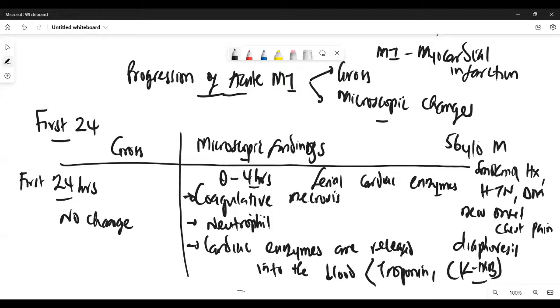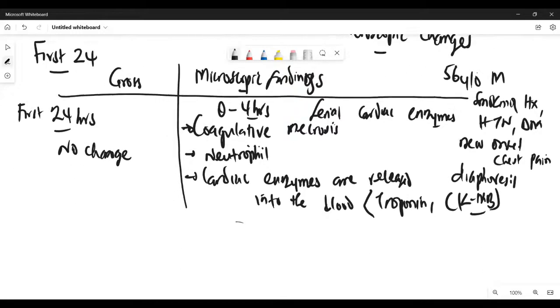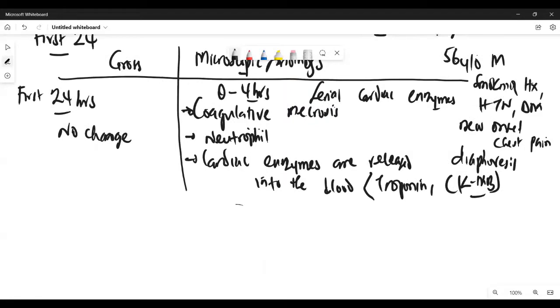And then during this period, it's important to know the complications that will happen in the first 24 hours. So for instance, let's say I'm working in the emergency department, I got a call, a 56-year-old male, history of smoking, hypertension, diabetes, new onset chest pain, and they said we're preparing for them already. Before the patient got to the hospital, the patient died.